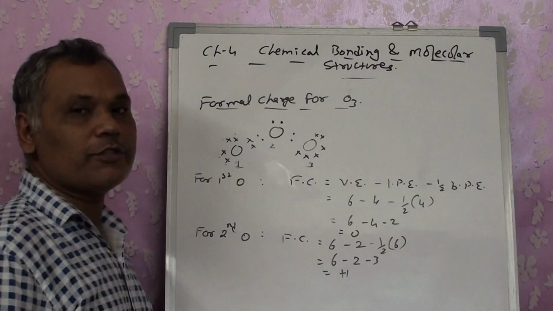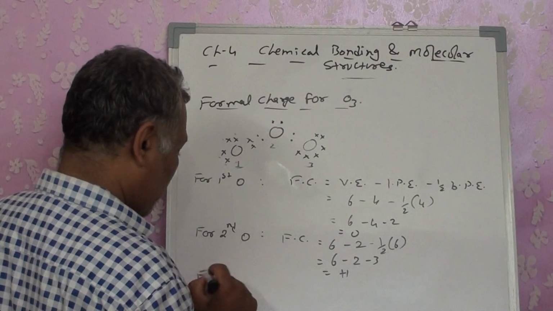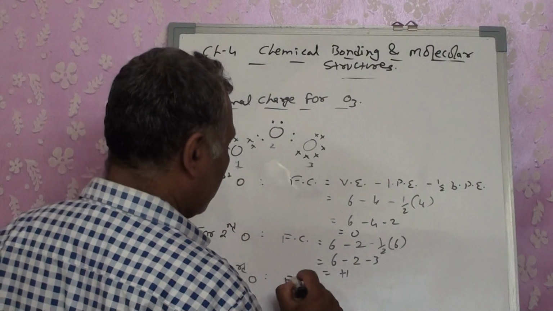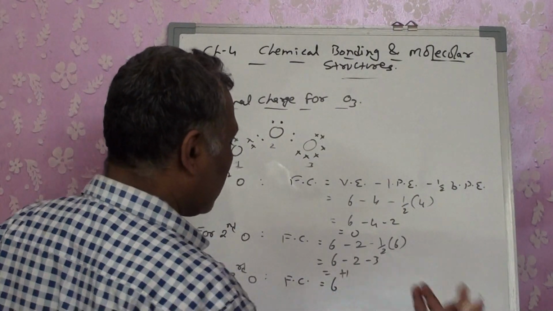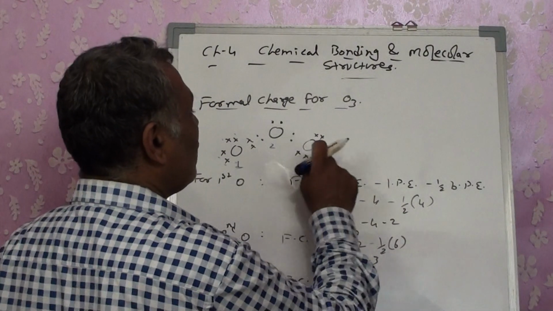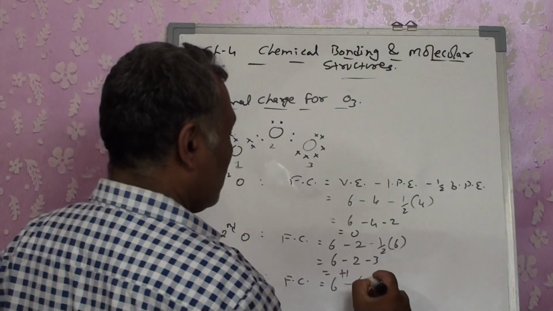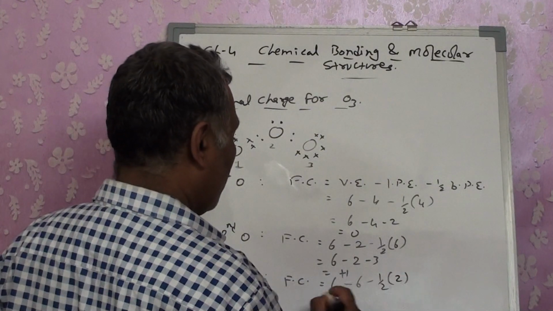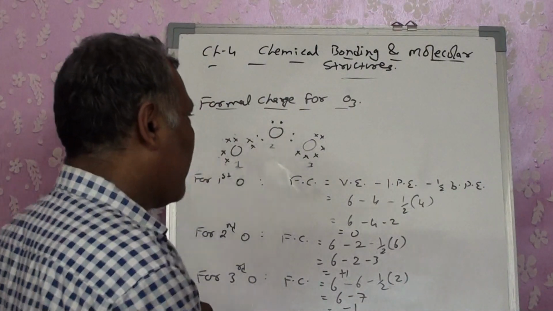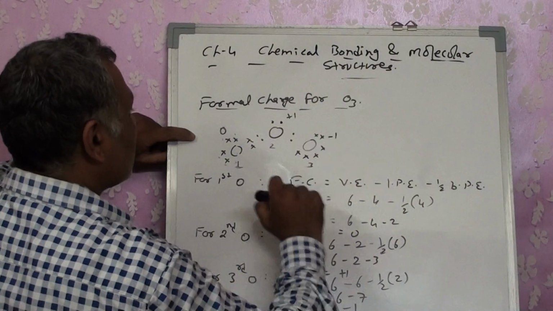See, your first oxygen was 0, the second one is plus 1. Let's calculate for the third oxygen. What will you get? Formal charge: valence electrons are 6, lone pair electrons 1, 2, 3, 4, 5, 6, so 6 lone pair electrons, bonded 2. So you will get minus 1. So this oxygen is 0, this is plus 1, this is minus 1.